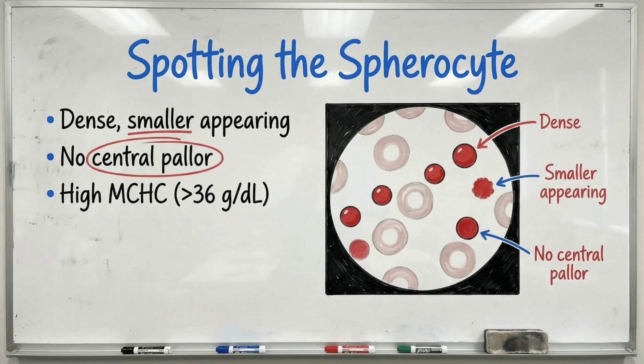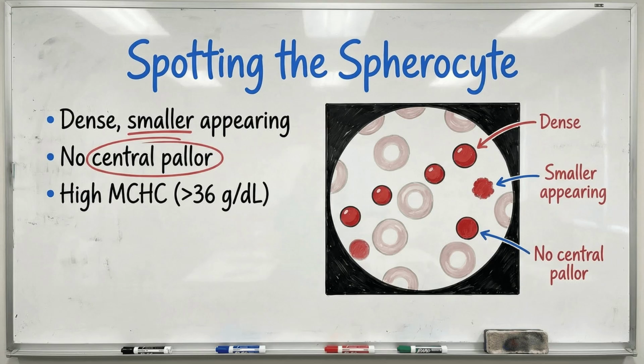When you're looking at a peripheral smear, spotting a spherocyte isn't just about identifying a round cell. It's about recognizing its distinct characteristics. These cells appear smaller and much denser than your average red blood cell. The key giveaway? They lack the central pallor that's characteristic of a normal biconcave disc. Think of it like a perfectly inflated basketball versus a deflated one.